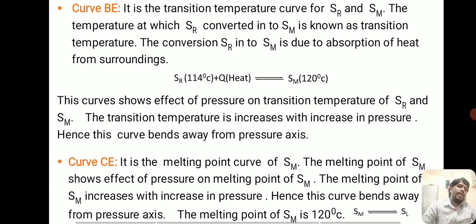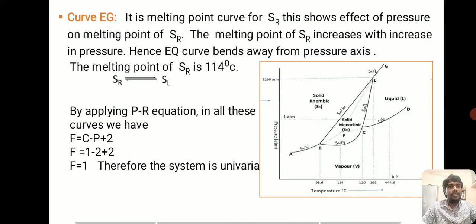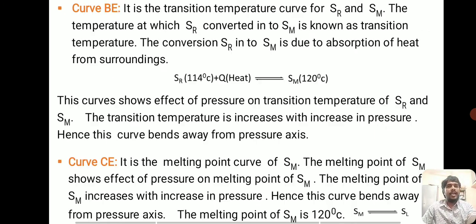This curve shows the effect of pressure on the transition temperature of SR and SM. The transition temperature increases with increase in pressure, hence this curve bends away from the pressure axis. You can observe BE bends away from the pressure axis.